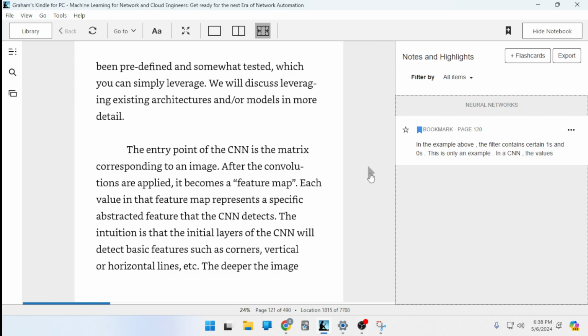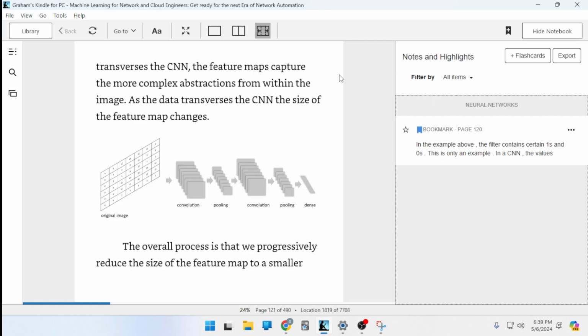The intuition is that the initial layers of the CNN will detect basic features such as corners, vertical or horizontal lines, etc. The deeper the image traverses the CNN, the feature maps capture the more complex abstractions from within the image. As the data traverses the CNN, the size of the feature map changes.